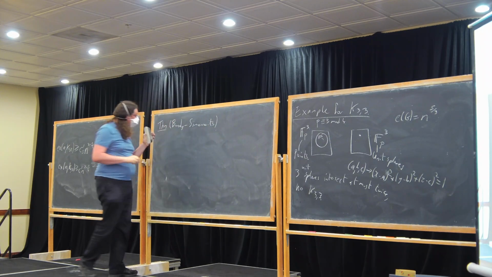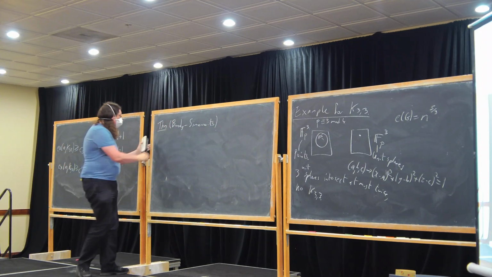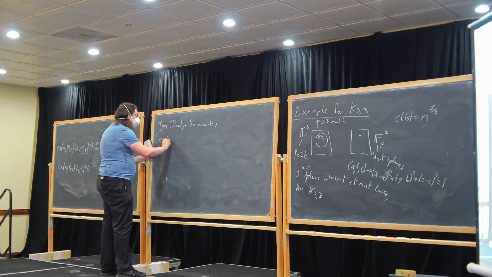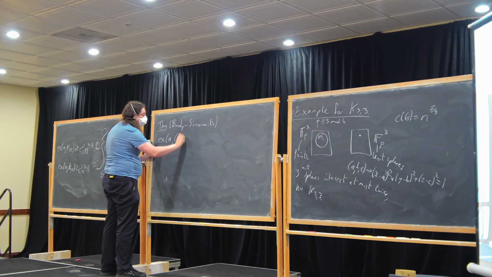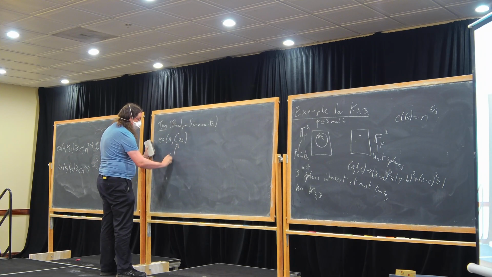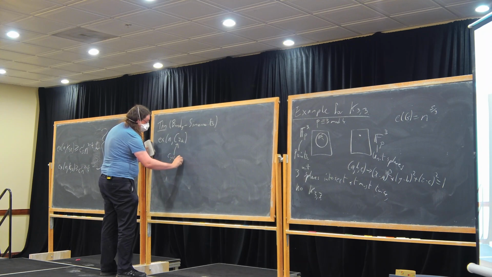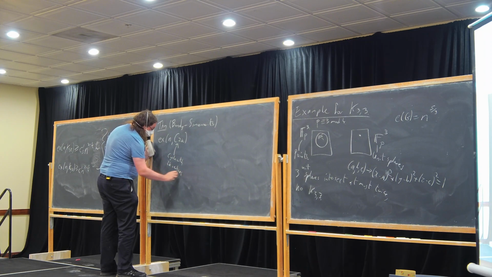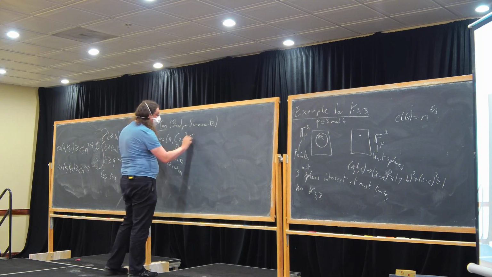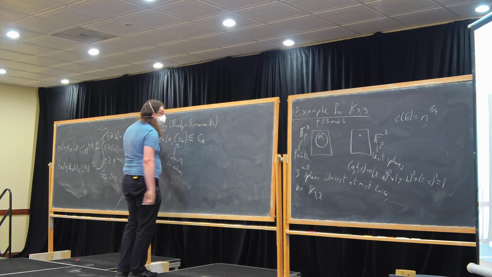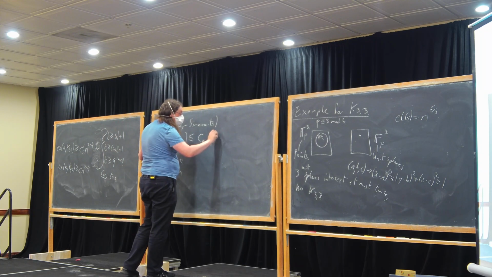I won't say exactly when, giving a nice upper bound for the extremal number of even cycles. So this is a cycle with 2k vertices. And they proved that this is at most some constant depending on k times n to the 1 plus 1 over k.